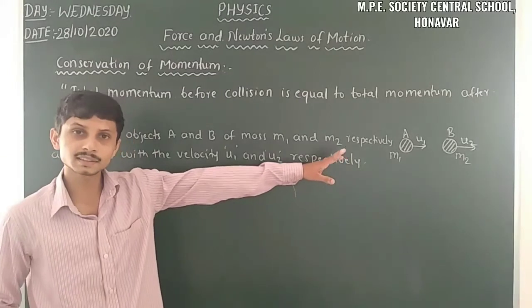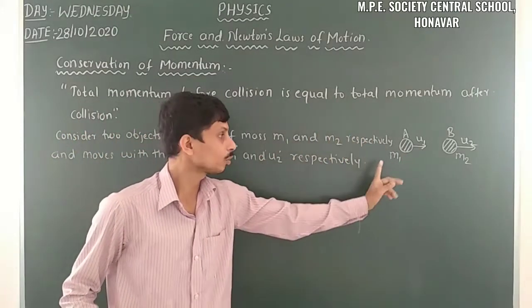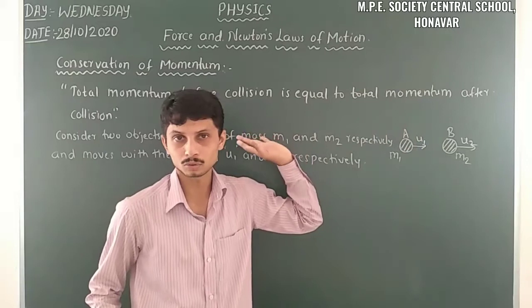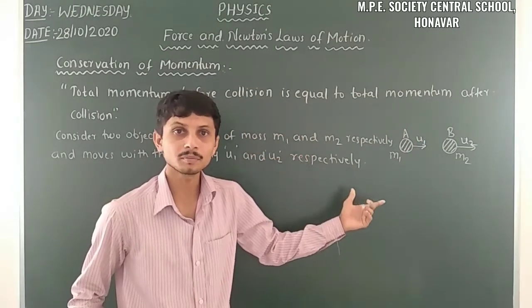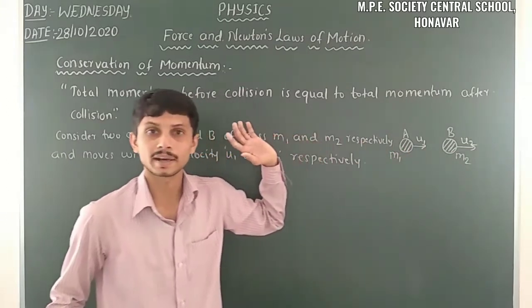So here two bodies are there of mass m1 and m2, moving with the velocity u1 and u2. After some interval of time, both the objects collide.